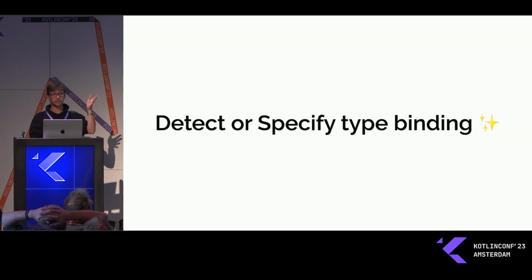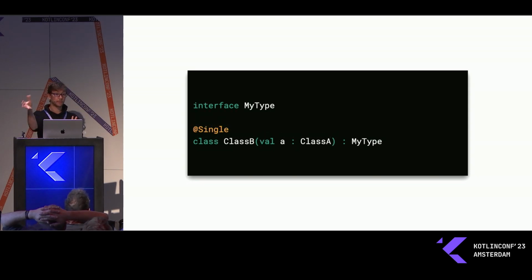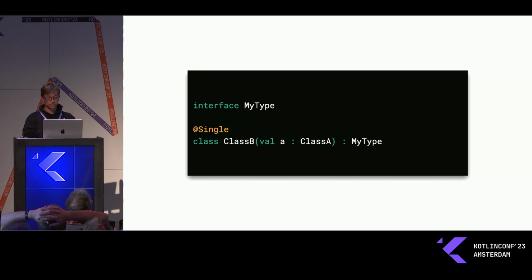We can detect type binding, and you can also specify it. For example, if you have multiple types, if you add an interface here, you have nothing to change. The definition will bind directly my type, also class B and then my type.